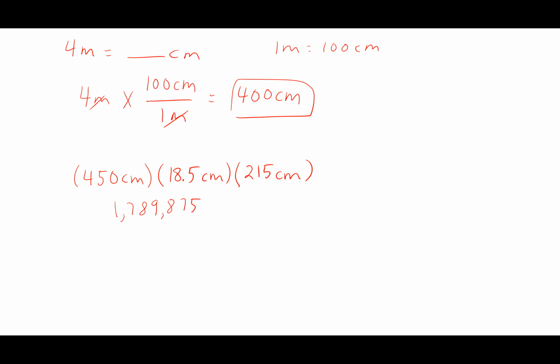Now, centimeters times centimeters times centimeters, remember, is going to be centimeters cubed. Okay? So make sure that you're good with that and that you understand how that works, okay? Now, you'll have 2 kinds of that problem.